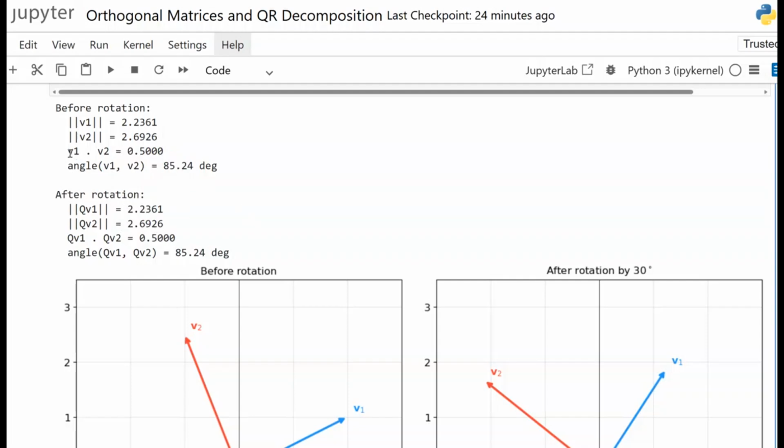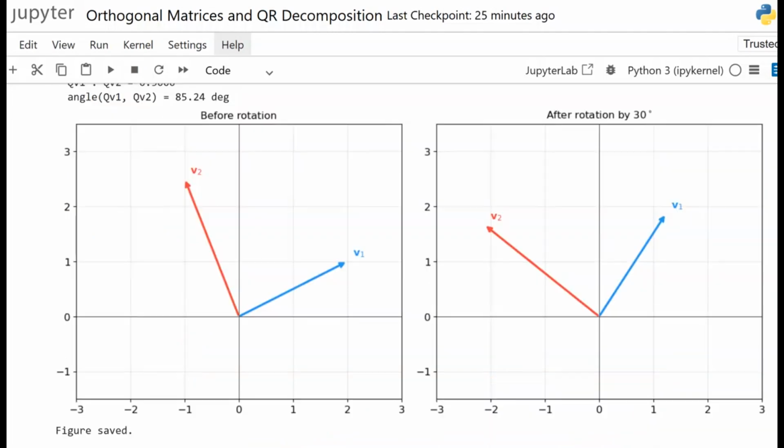And on computing the dot product and the angle also, all are preserved. On visualizing, the norms, dot products and angles are identical before and after rotation. So this is the defining geometric property of an orthogonal matrix. They preserve the inner product structure of the space.